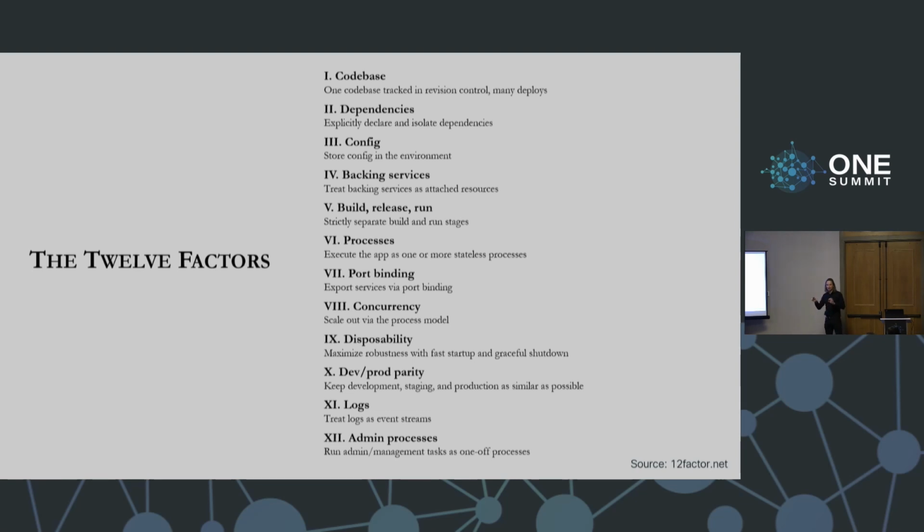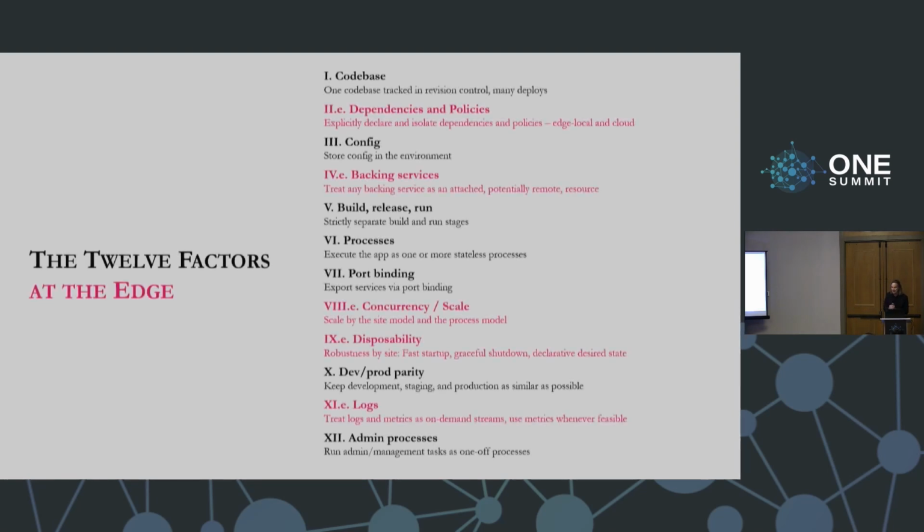So: separation of code and data, clear definition of dependencies. I think all of these are mostly still valid. But if we put the edge color onto it, we have to rethink them slightly. And rethinking them slightly in many cases means putting the notion of location into the mix.